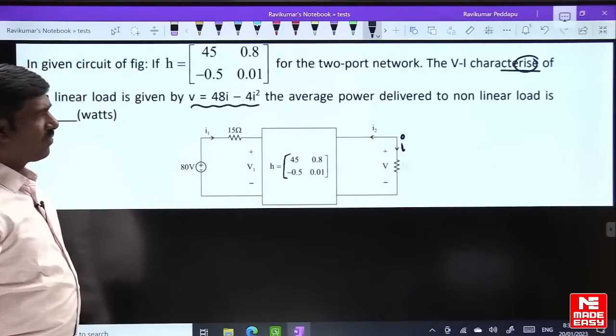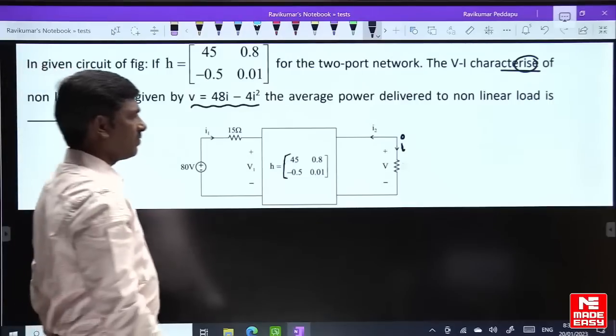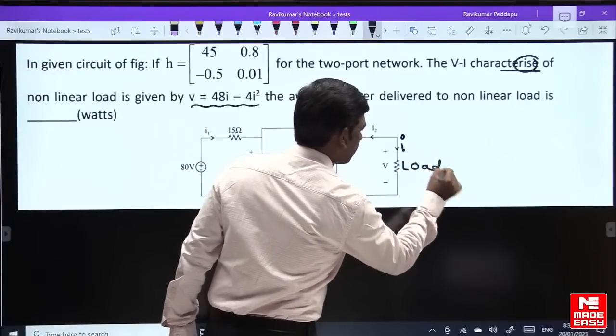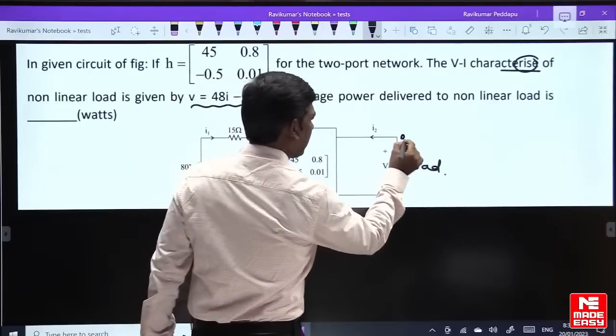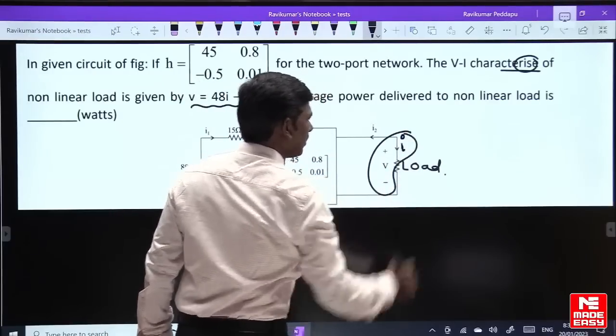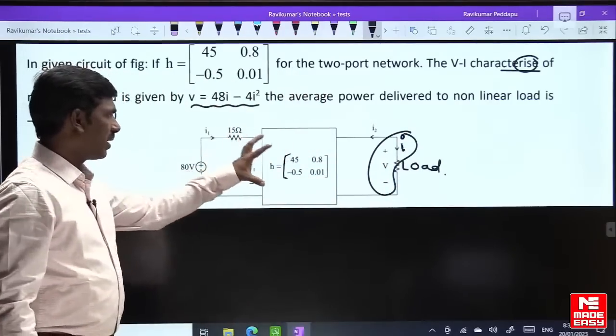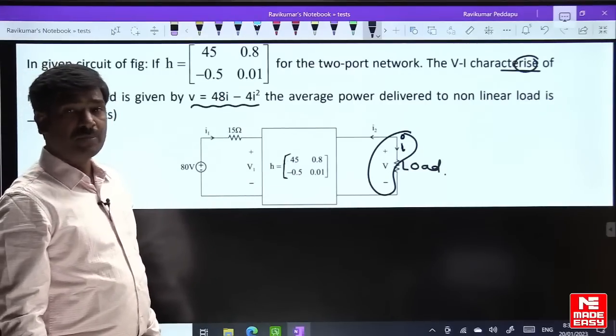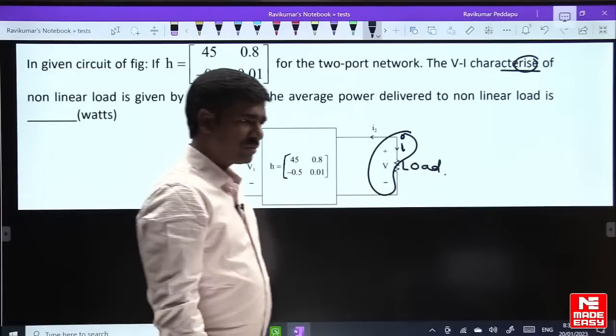The average power delivered to the nonlinear load is, this is a nonlinear load. Here the V and I relation is given, and the H parameters are given. So find out how much power is absorbed by the nonlinear load.